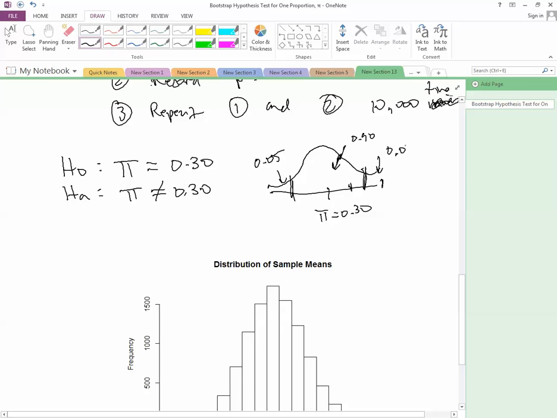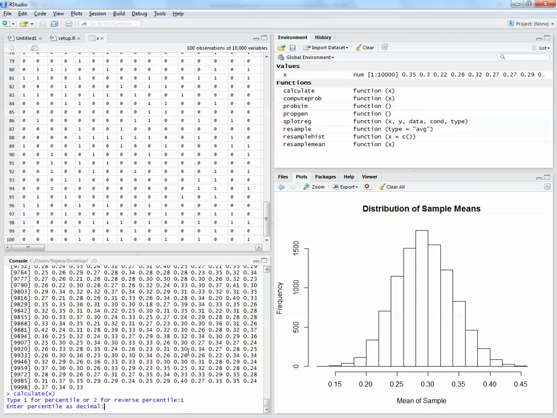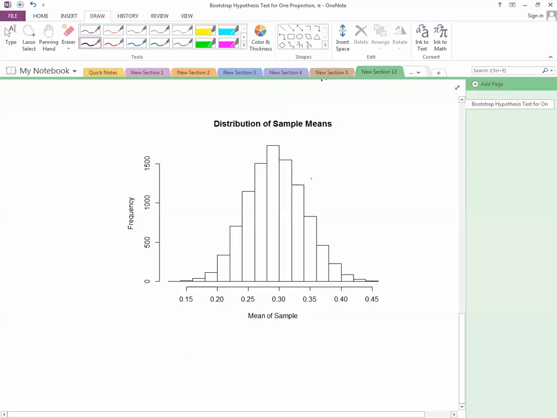So I'm going to calculate my cutoffs. Again, I'm going to do that much the same way. Notice this process is very similar, except we're simulating ones and zeros. And I'm going to do a percentile, 0.05. It tells me that I would expect something as low as 23%, roughly around there, 0.23.